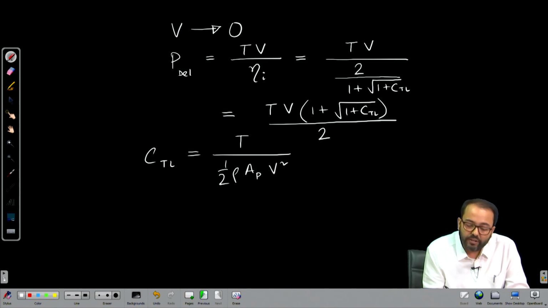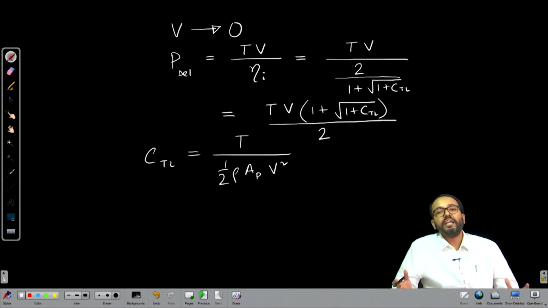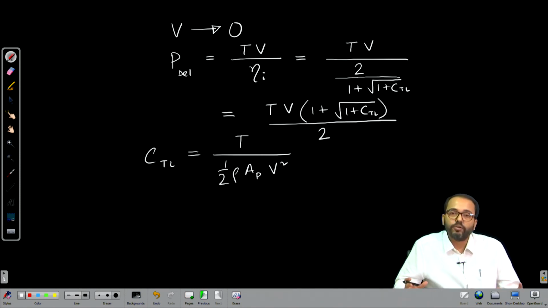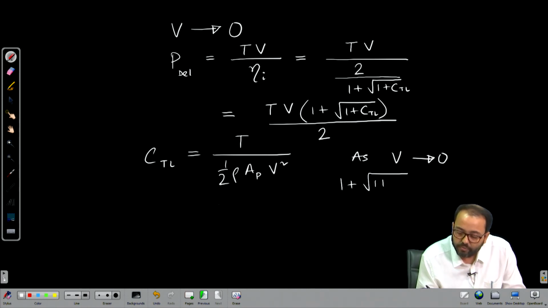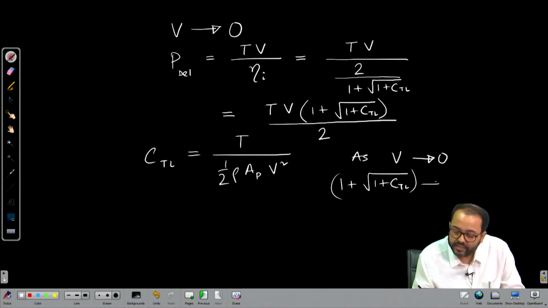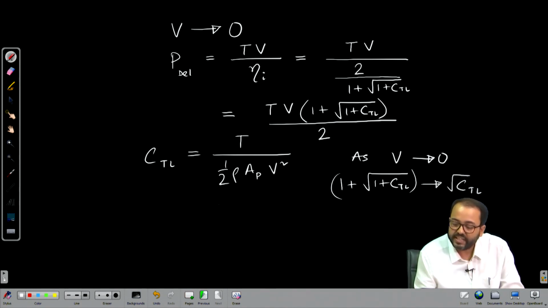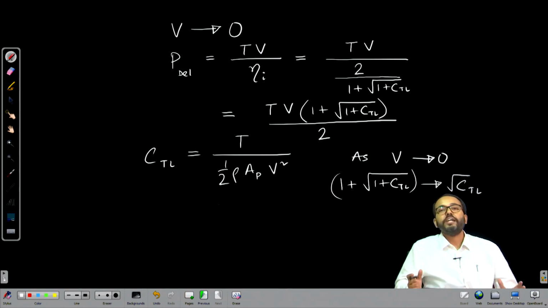So, when the velocity V is approaching 0, CTL will be extremely high, right, at velocities close to 0. So, in those conditions we can write that as V is approaching 0, 1 plus CTL will approach root over CTL. This is a small trick we need to do to cancel out the velocity component, so that we will be able to relate the thrust to the delivered power.